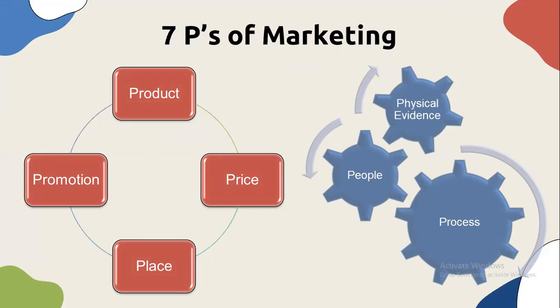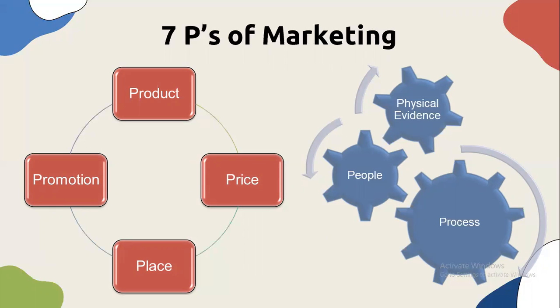So 10 rupees becomes a price. A pen is getting sold, let's say in Big Bazaar or a DMart, that becomes a place. And let's say in the month of June, I got a bundle of 10 pens at a discounted price. So a discounted price is my promotion. So these are my traditional P's which are related to product.